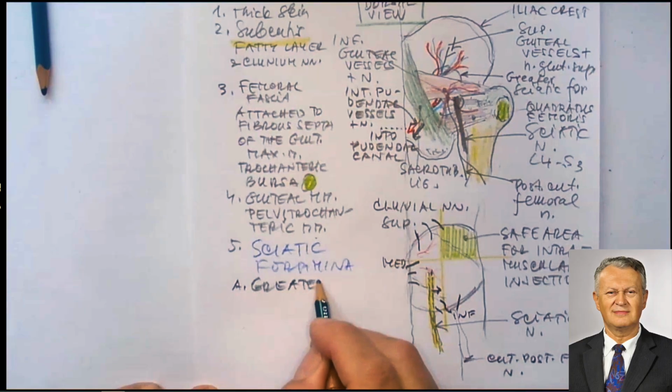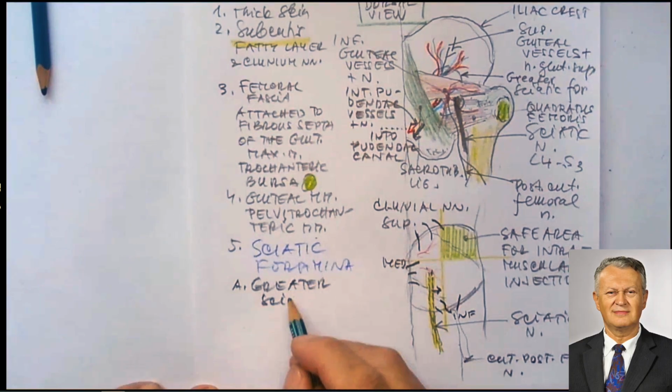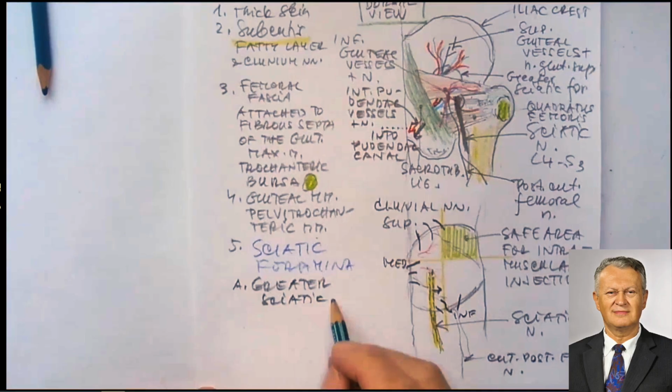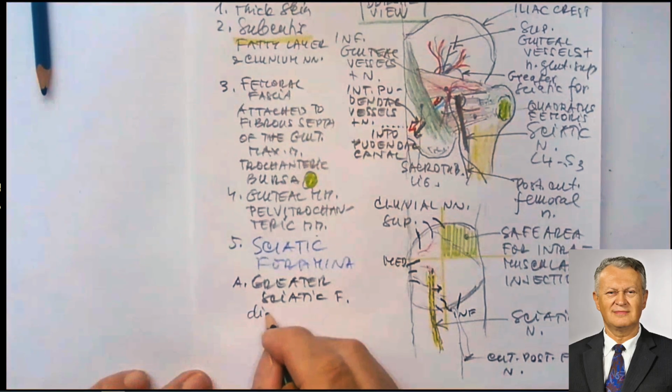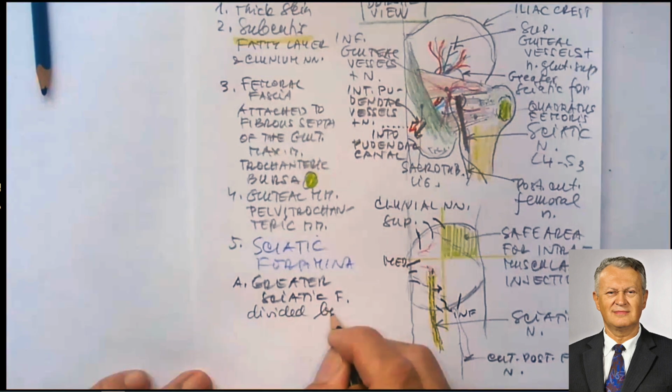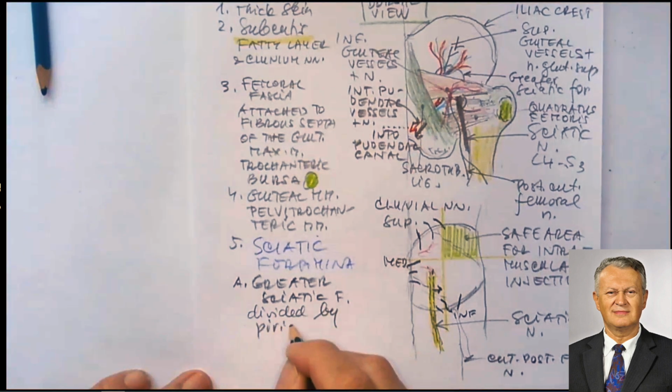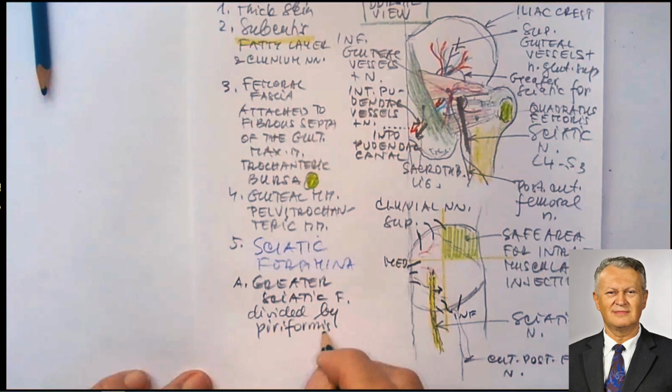We have seen also the diagram in the book: the greater sciatic foramen, divided by the piriformis muscle.